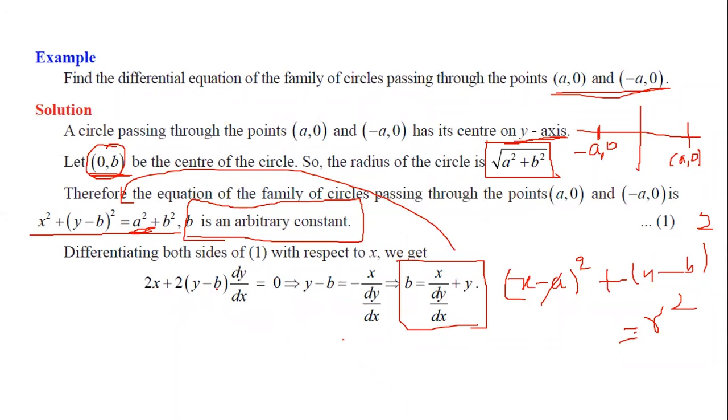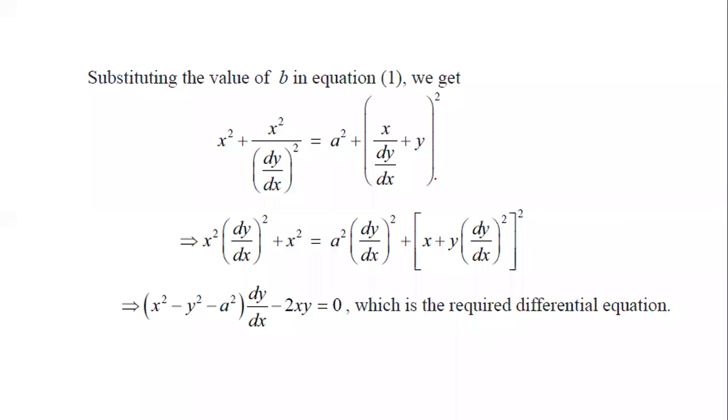In the place of b, we are substituting this value. This y and this y get cancelled, and then on the right hand side you have to get the dy by dx value. Simplifying this equation, we will get (x square minus y square minus a square) dy by dx minus 2xy equal to 0.